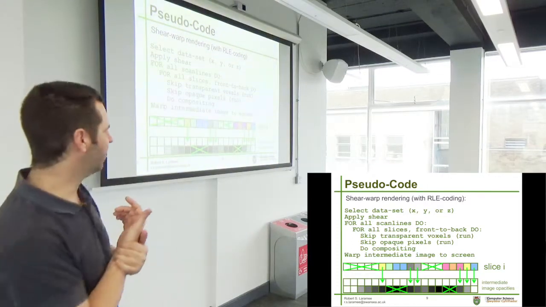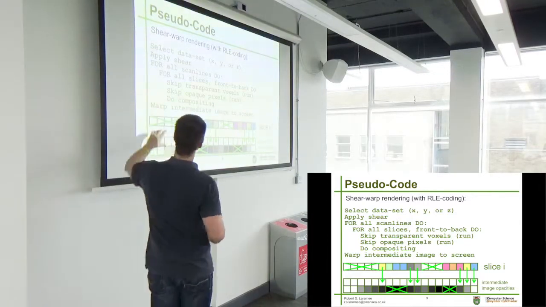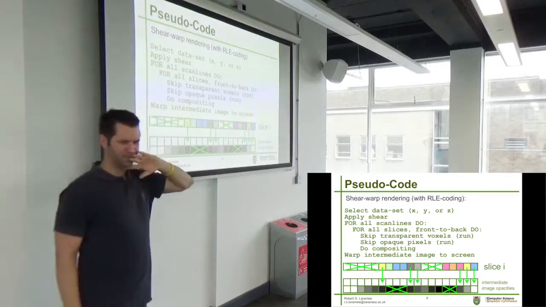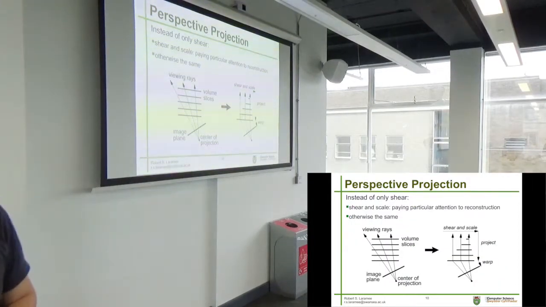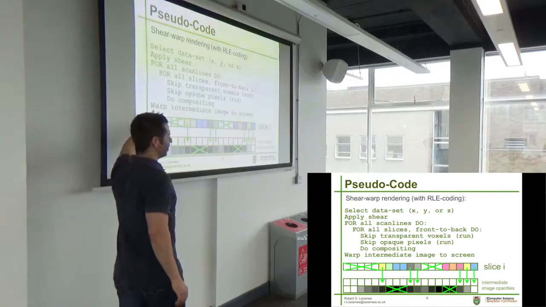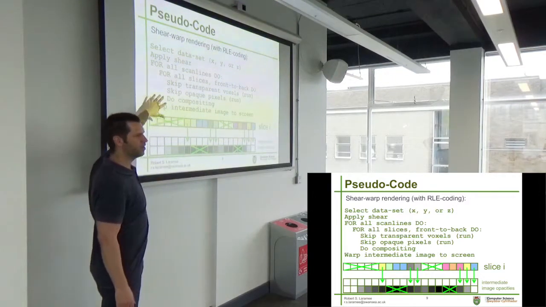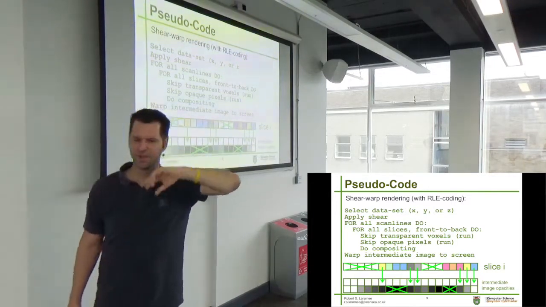The sampling and the compression and the skipping is more difficult to understand. But if you can understand this slide, then you can understand the algorithm, basically. This is like a one-slide pseudocode summary of the algorithm.